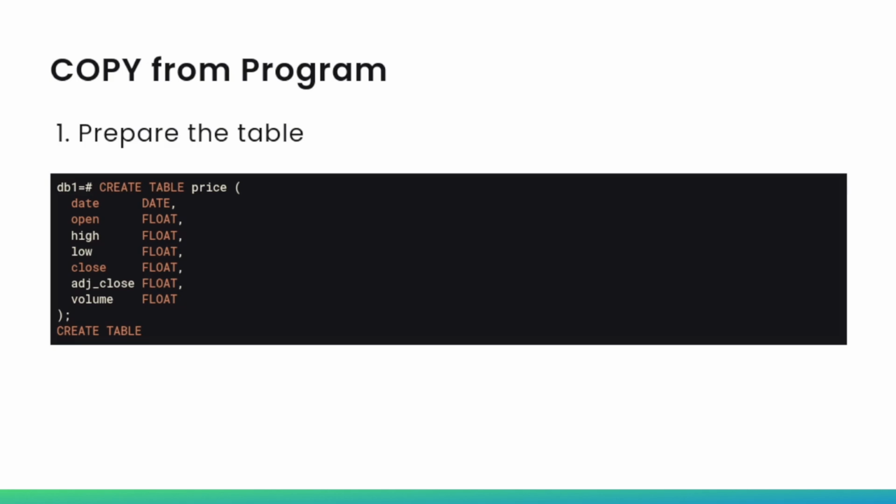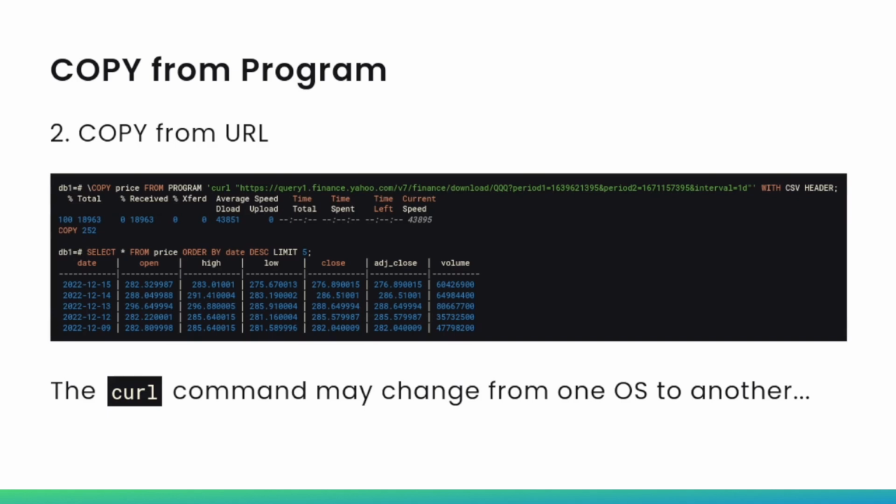So now we want to get data from some online file into our database. So check this out. We use /copy price because we want to import data into the price table from, and this time I say from program. And inside brackets, I provide the program to execute. So inside the program, what I'm doing is using CURL to download a file from this URL.